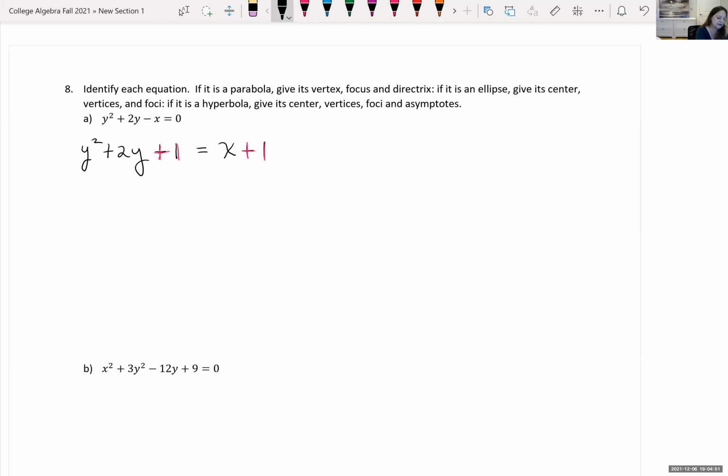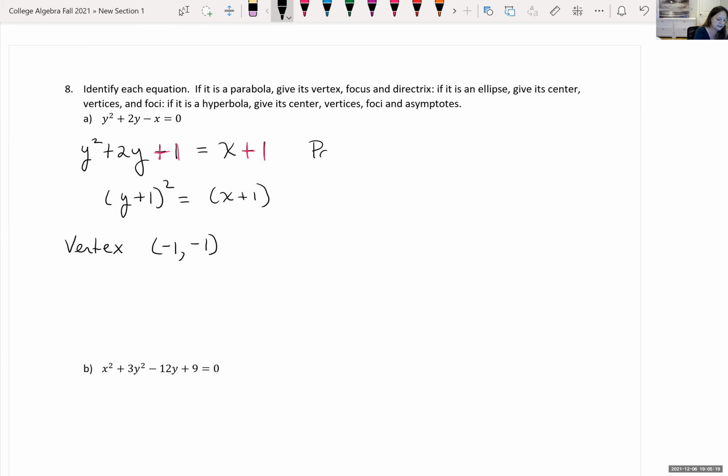And so this left-hand side is a perfect square, y plus 1 quantity squared is equal to x plus 1. Okay, so our vertex, it's the opposite sign. And so h is with our x value, so that's -1, and k is with our y value, and that's -1. So we have a vertex at -1, -1.